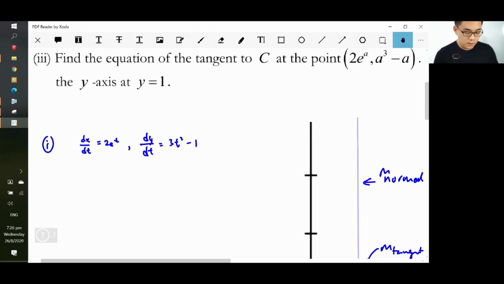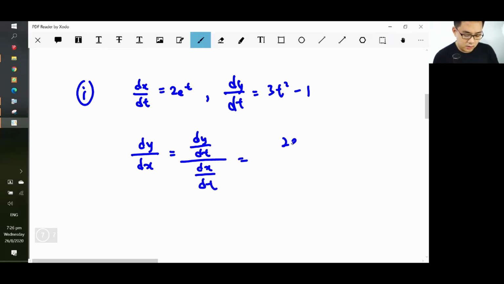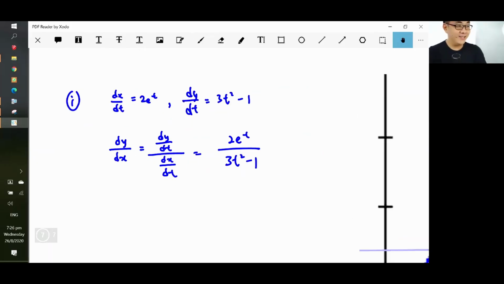Okay, so dy/dx would be dy/dt divided by dx/dt, which will give us 2e^t over 3t squared minus 1. Am I right? I hope... no, the other way around. dy/dt.